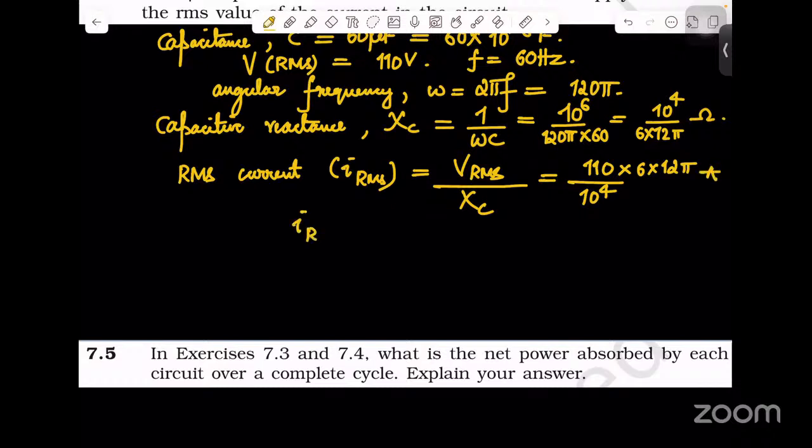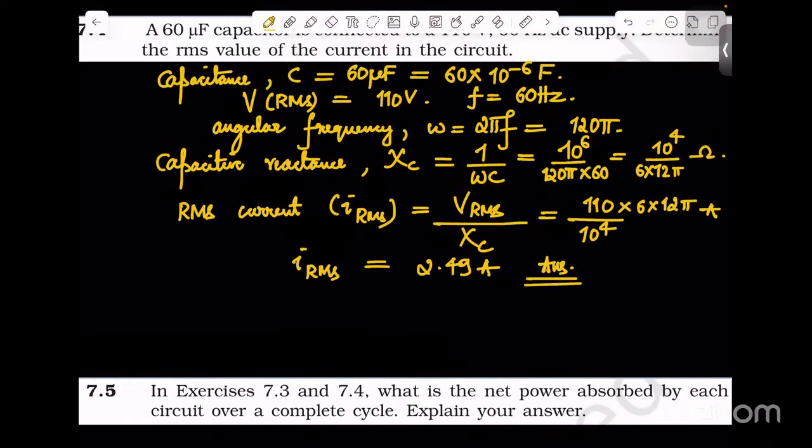So IRMS, if you solve it, is 2.49 amperes, which is the answer to this question.